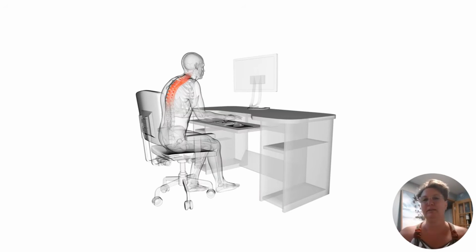When doing this, you're squishing one side of the donut and forcing the jelly center to push to the opposite side. So which tilt puts more pressure on the front of the disc? The answer is the posterior tilt puts more pressure on the front of the disc. The posterior tilt is when we are slouched over.